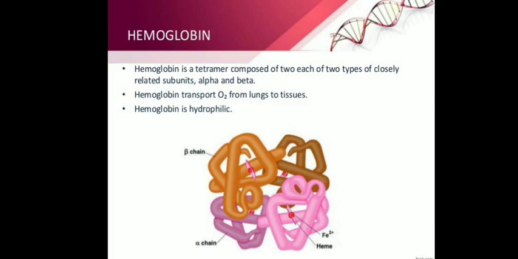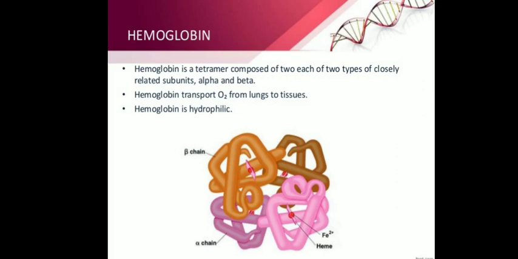The globular protein which is present inside the blood is known as hemoglobin, and it is an iron containing, oxygen binding, and transporting metalloprotein. It generally transfers oxygen from the lungs to the other tissues, which is the most important function of hemoglobin. And it is hydrophilic in nature.